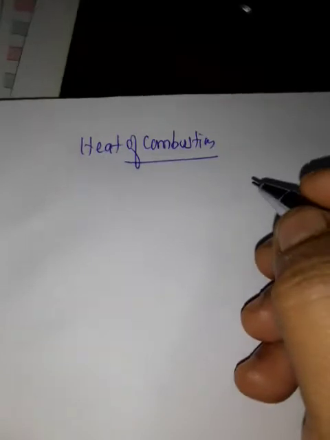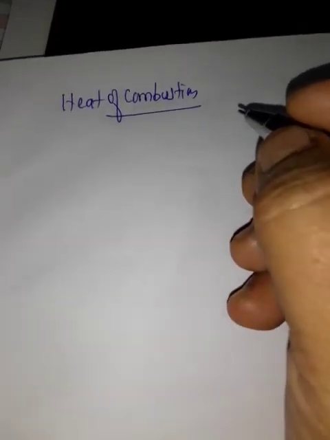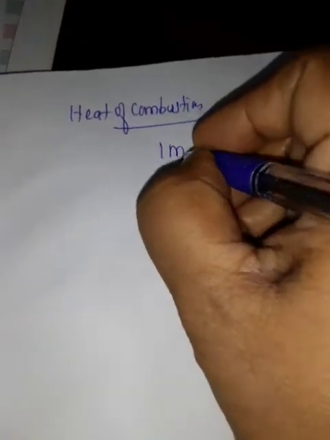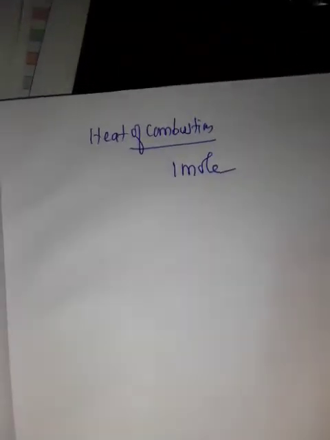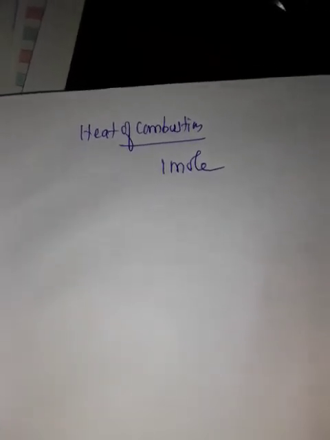Next, what is heat of combustion? Combustion means burning. It is defined as the enthalpy change of a system when 1 mole of a substance is completely burnt in excess of air or oxygen.